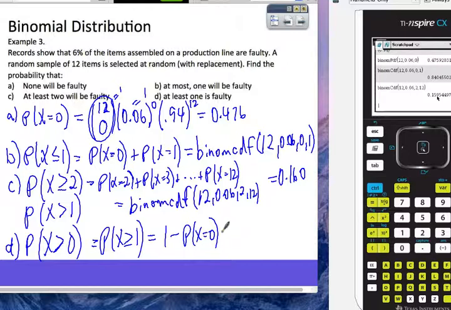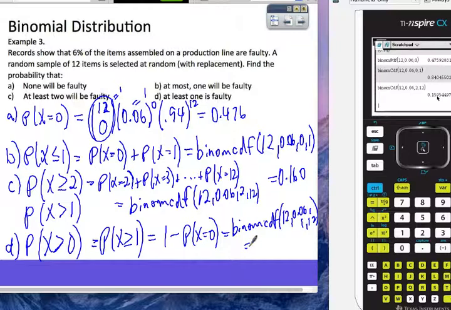But again, in this case, we want the probabilities of all the x values from 1 up to 12. Again, a lot of individual calculations if you did it that way. So again, what we want to do is use the binomial CDF feature on the calculator, and it'll be 12, 0.06, and we want to start adding at 1 all the way up to 12.